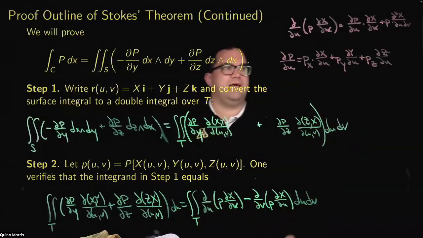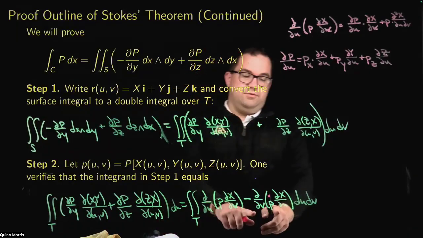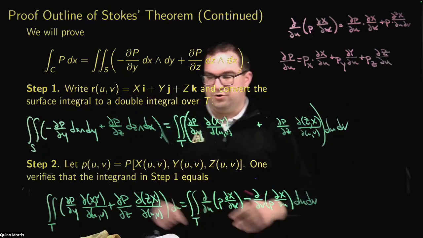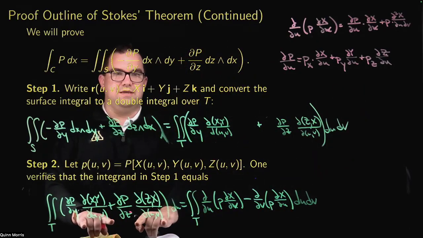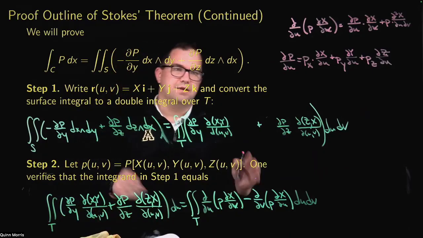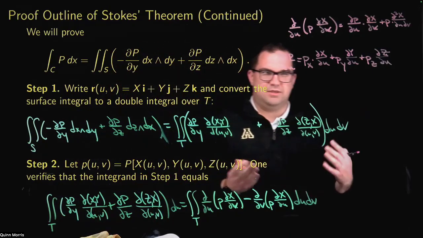And now I'm going to plug that in there. Then I'm going to do the same thing here, combine all these terms, and rewrite some of them as determinants. It's a tedious calculation, but it's something you can verify.